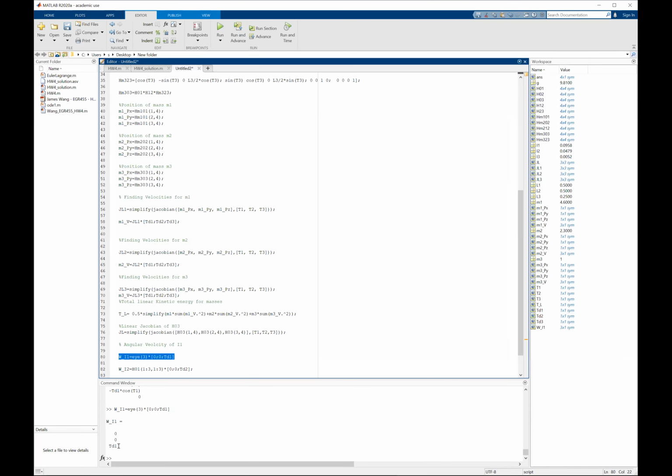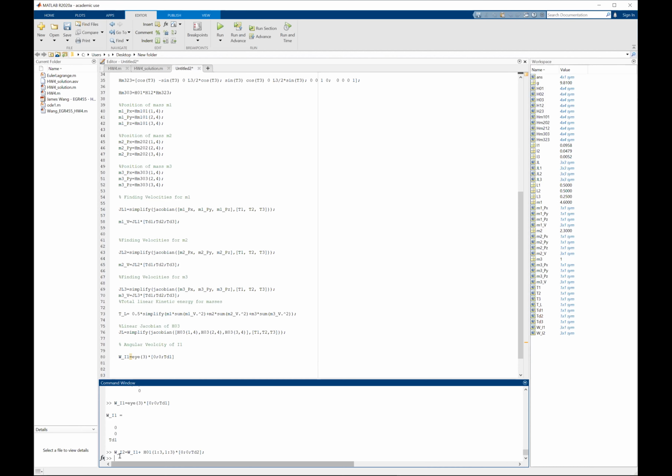So 0, 0, TD1. For WI2, what you will do is you will have W_I1 plus H01. This is going to be R01 multiplied by TD2. And when you do this, you are going to have WI2. So let me type it over here.